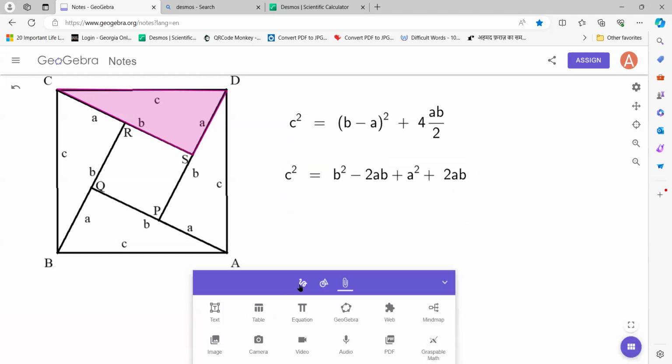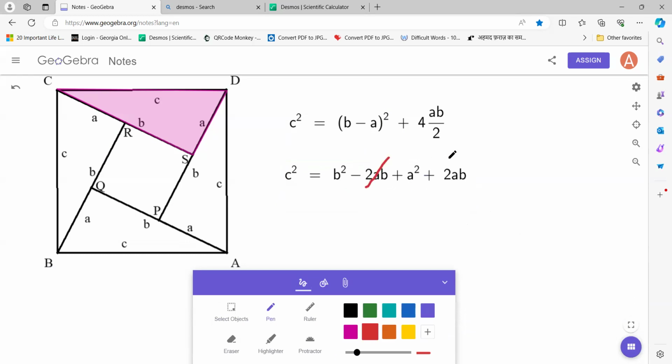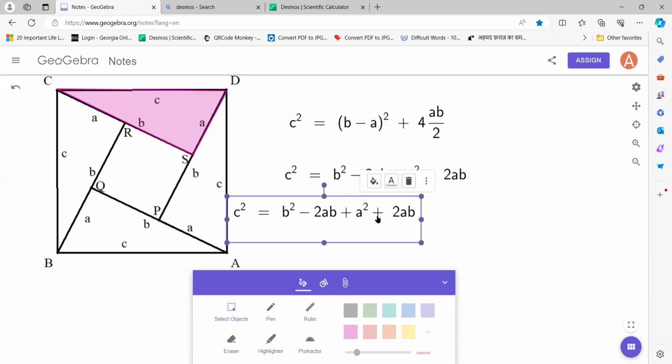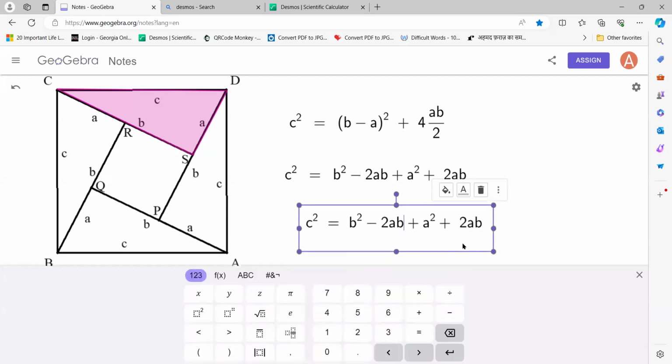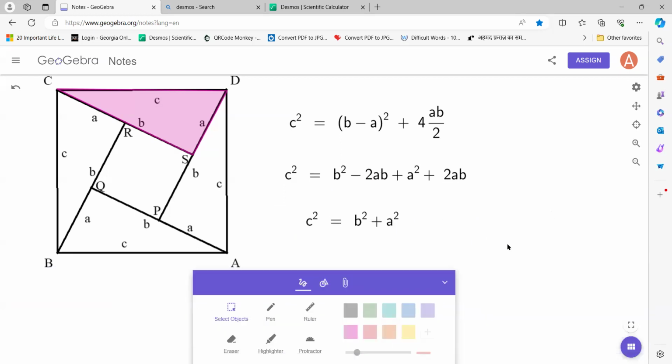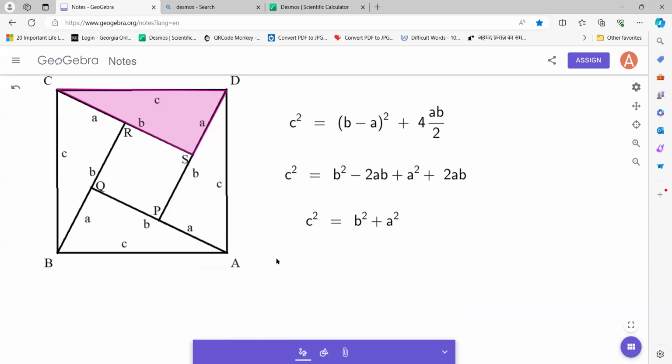Guess what? I can cancel this and this. And what am I left with? I am left with the claim of the Pythagorean theorem: A squared plus B squared is equal to C squared.